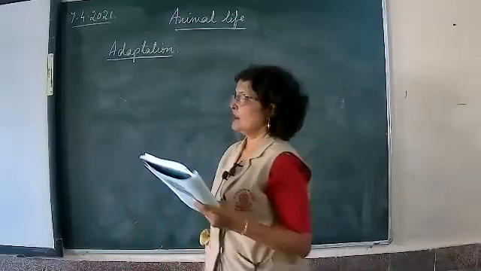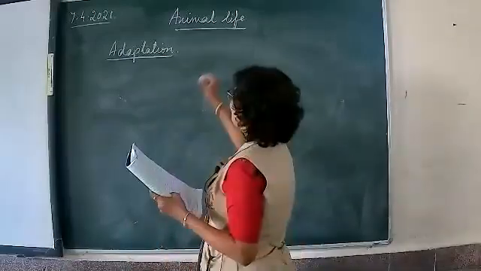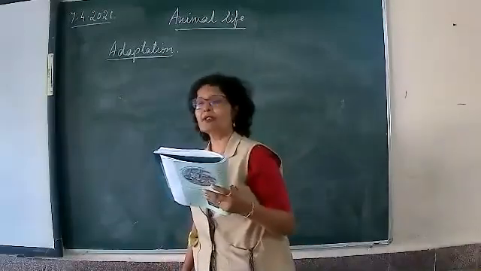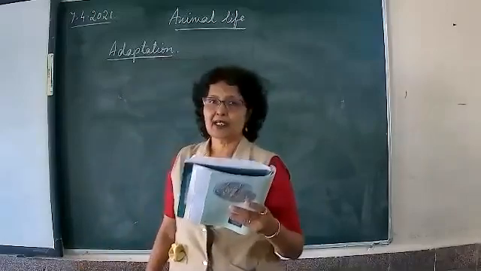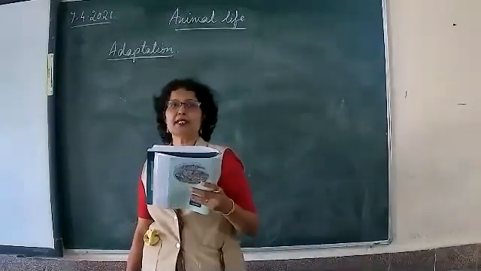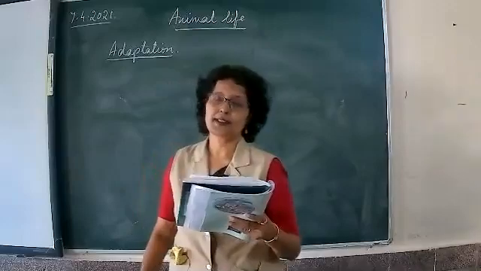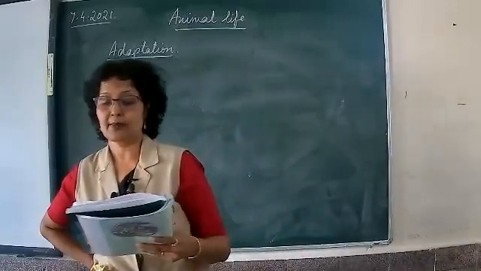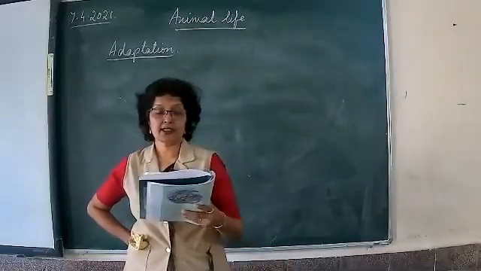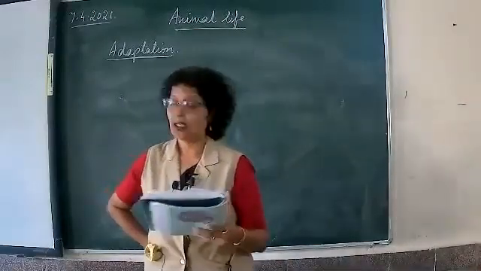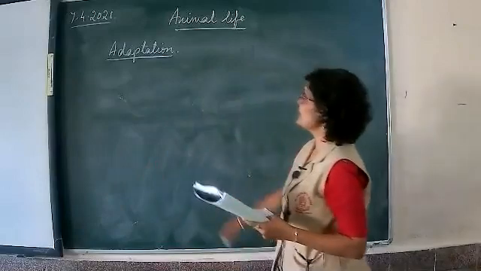A very good example is dinosaurs. They lived a long time ago on the earth, but because of the climatic and environmental changes, they could not survive. They could not adapt themselves. Animals that are not able to adapt to their surroundings slowly die out. Now this is adaptation.